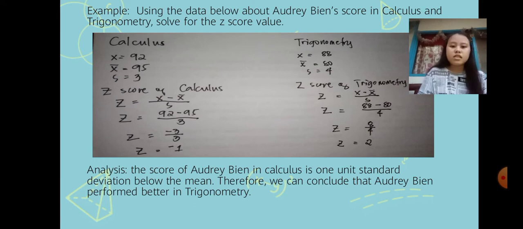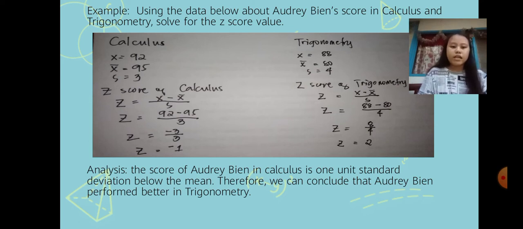Using the z-score formula, 92 minus 95, we subtract the mean of 95 from the score of 92, which equals negative 3. We divide it by 3, the standard deviation, which equals negative 1. So the z for calculus is negative 1.